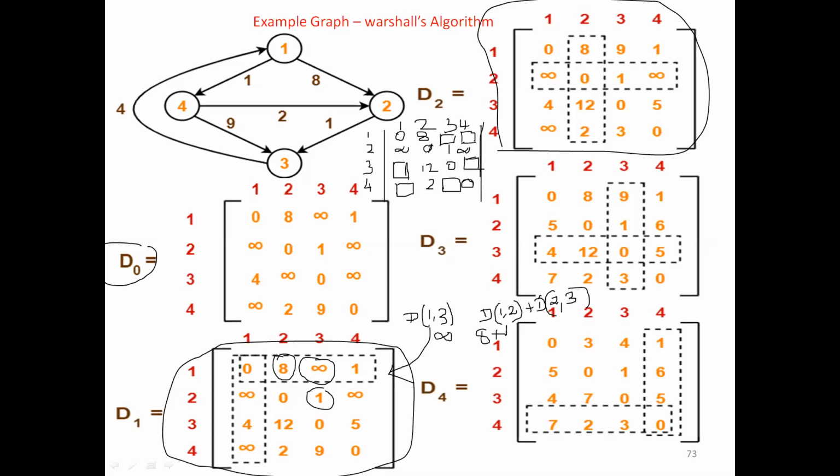So 8 plus 1 is 9, versus infinity. Which is better? I choose 9 instead of infinity, because infinity means it's not a direct path. But now I conclude there is a path from 1 to 3 via 2 with a cost of 9. So 9 is better than infinity.